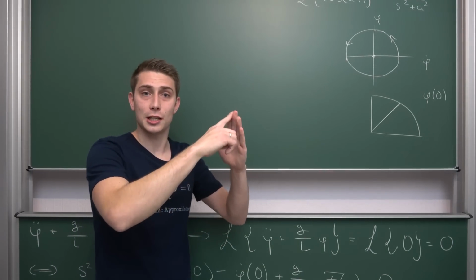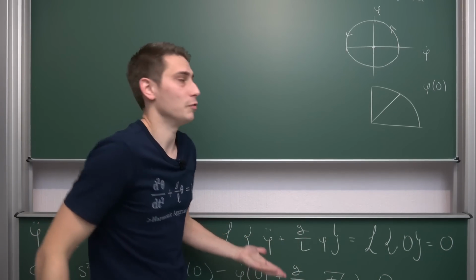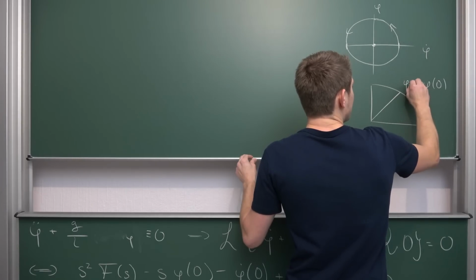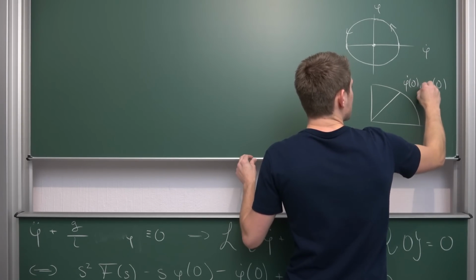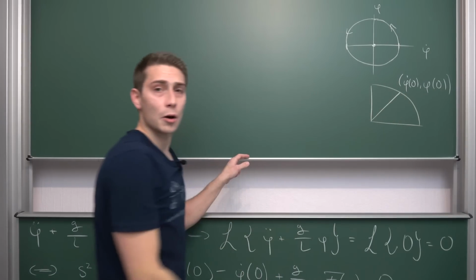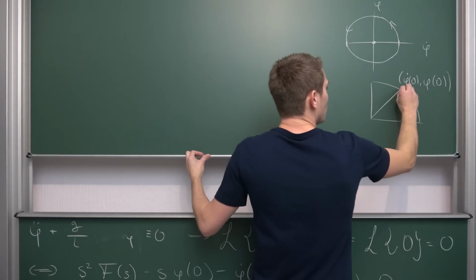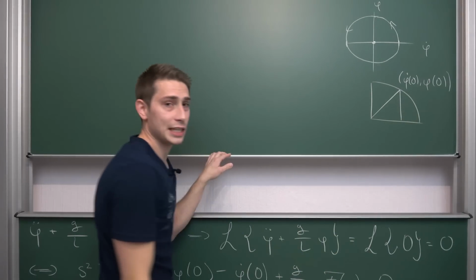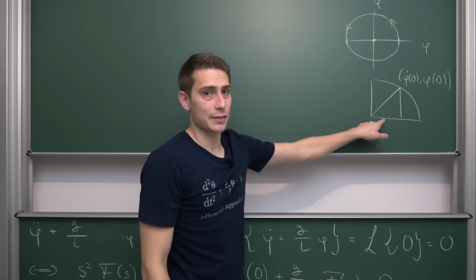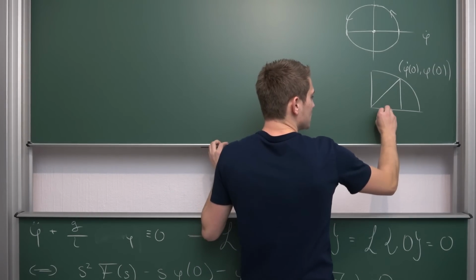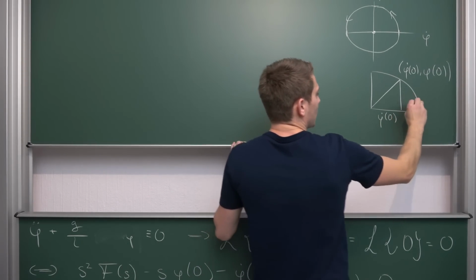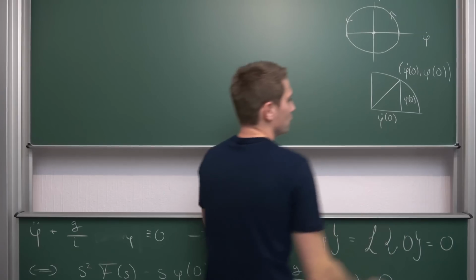And at this initial displacement, it has an initial velocity, for example. So this right here is just a point in the phase plane, which is going to look like this. But this screams for polar coordinates, basically. What we can do is draw a triangle into here. And now, what are our side lengths exactly? Here we have phi dot of 0, and here we have phi of 0.